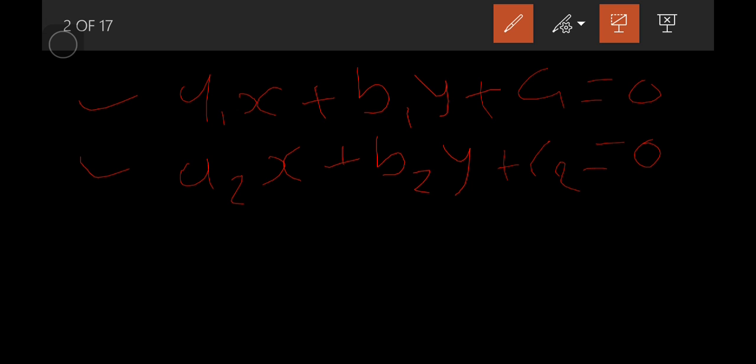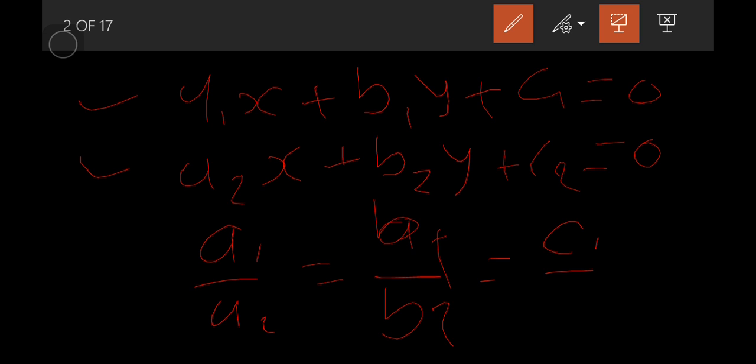These are a pair of two linear equations. If these two linear equations have infinite solutions, then a1 by a2 is equal to b1 by b2 is equal to c1 by c2. So we take this ratio.